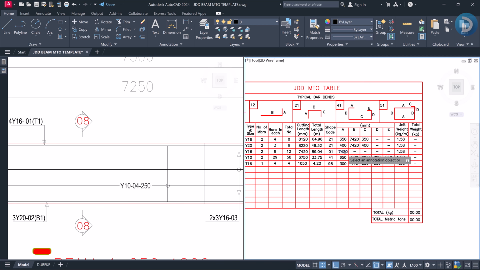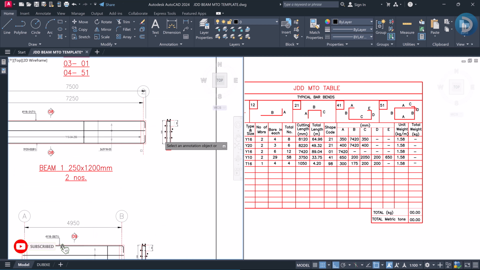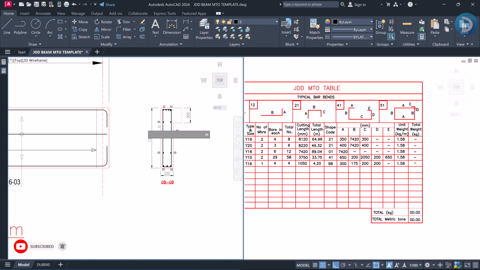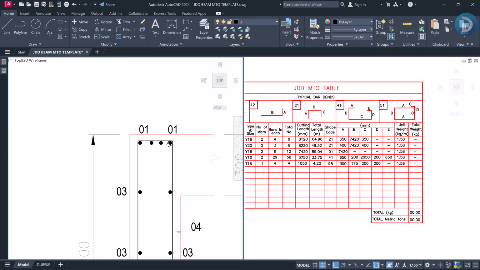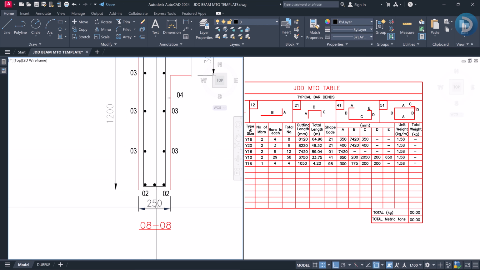For our A part, just like we've done on bar mark 01, we have to take off the concrete cover, because this reinforcement will start just after the concrete cover. If we have a total width of 250 millimeter for this side B, and we take out the concrete cover from this part and this part, we'll be taking off 80 millimeter from 250.